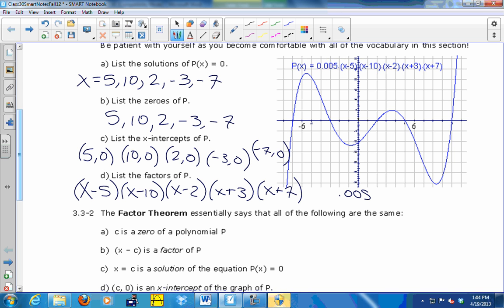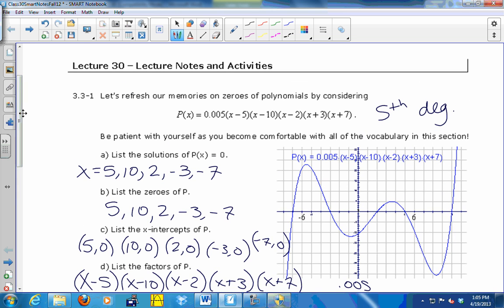The reason I didn't list it is that the point I'm trying to make by having you write all these things down 4 times is that they are almost the same thing. So this is the original polynomial, right?